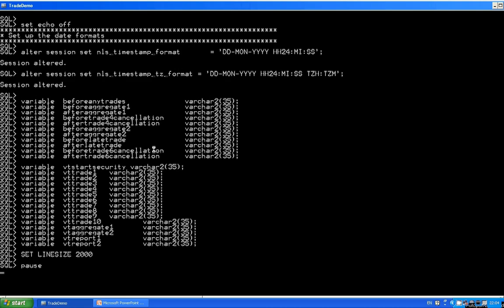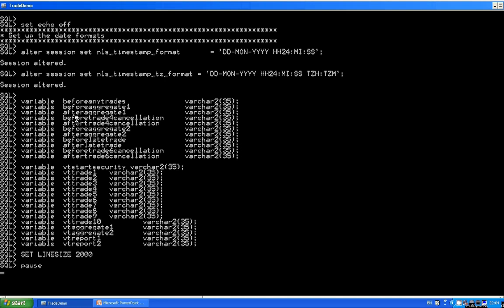Before we begin the actual script, we're going to set up a few script variables so that we can record the transaction timestamp at certain points throughout the script, so that we can go back to them when we show the bitemporal audit at the end of the script.